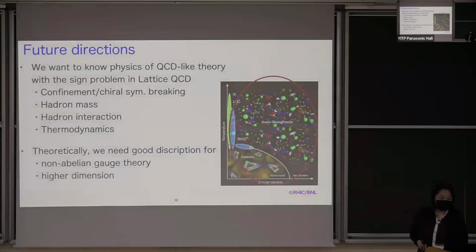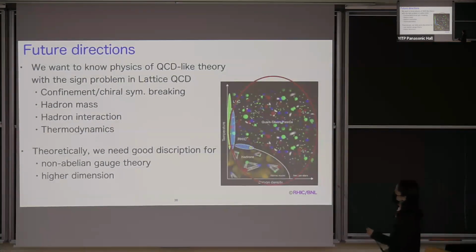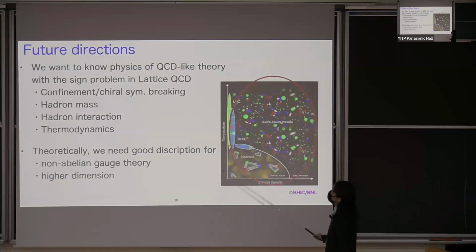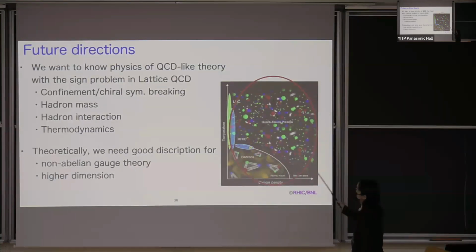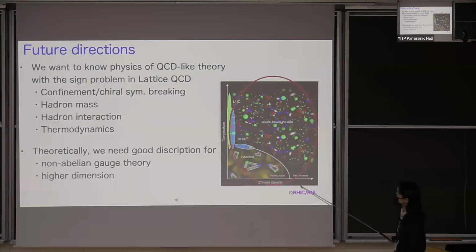And honestly speaking, there are so many problems and future directions we have to work on. But personally, I want to know the physics of QCD in the finite density region. This is my dream. I'd like to know the perfect QCD phase diagram, hadron mass and hadron interaction around the neutron star region.